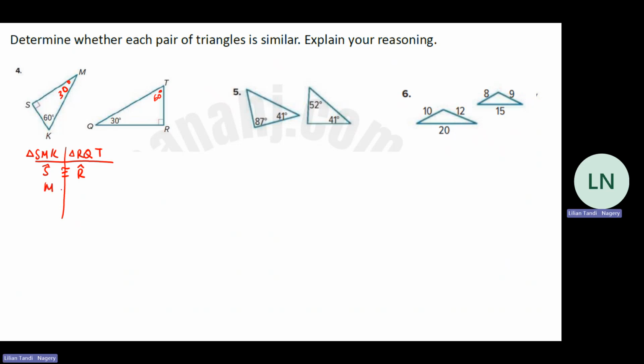M is friends with Q. They are the same letter. And K is friends with T because they are the same letter. So then you write: triangle SMK is similar to triangle RQT because of angle similarity.